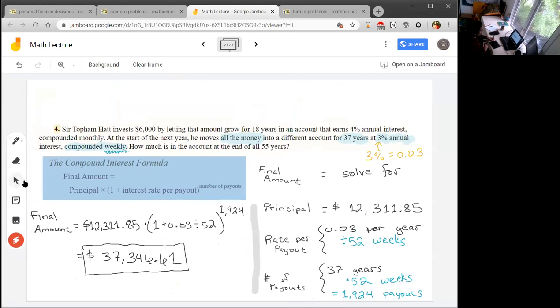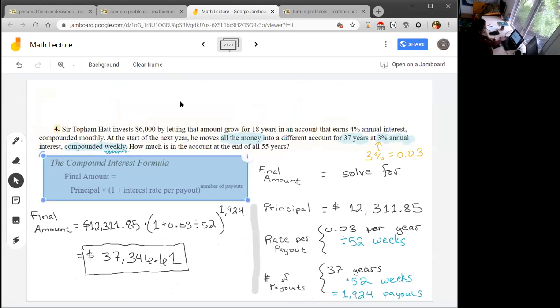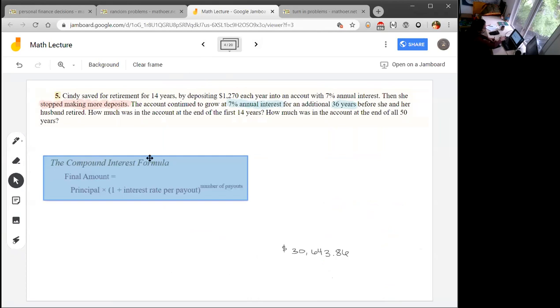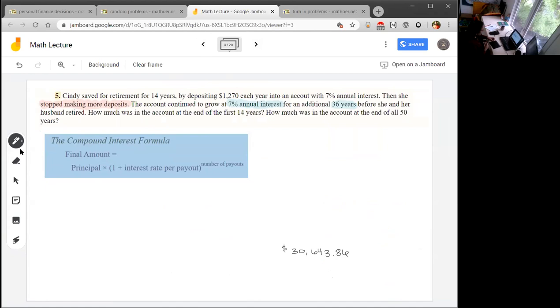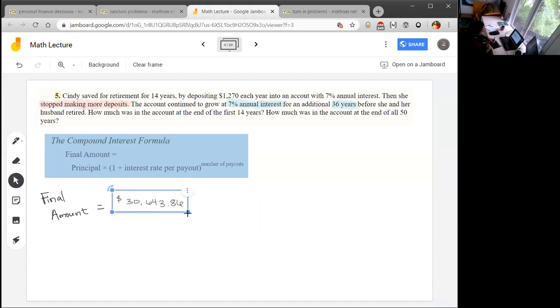Yeah, I heard you faintly. So this is compound interest again, same as Sir Topham Hatt was doing earlier. There's just one thing, and we're just watching it grow. This is how we like the compound interest to be.